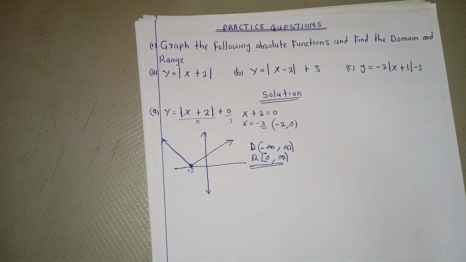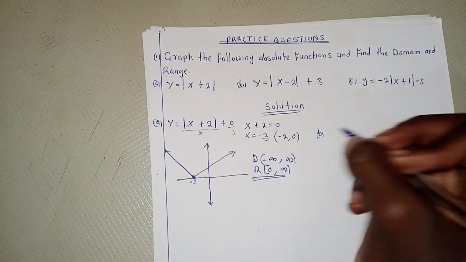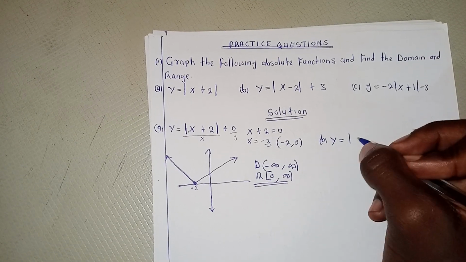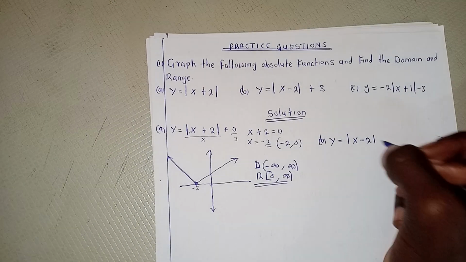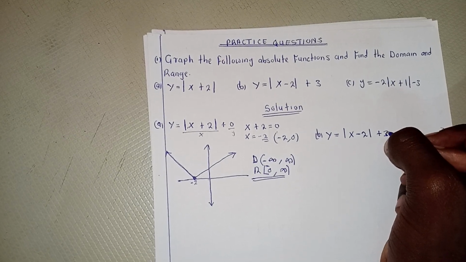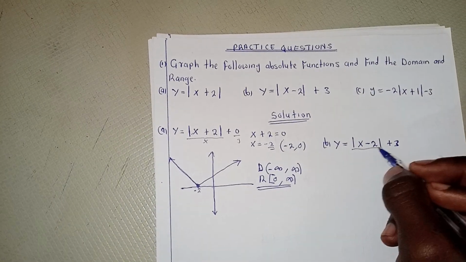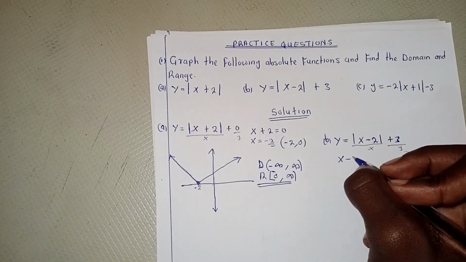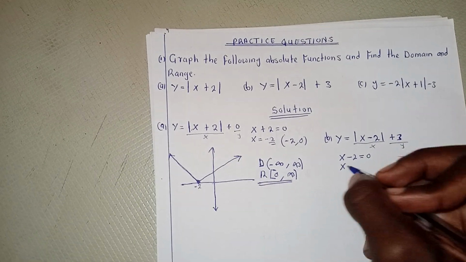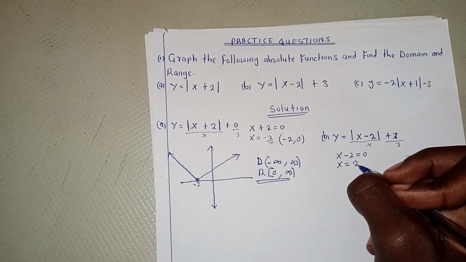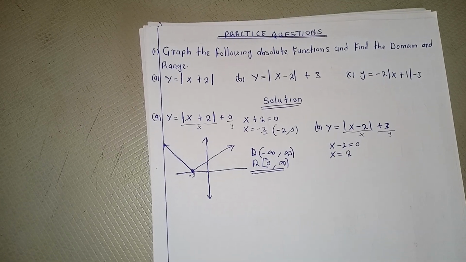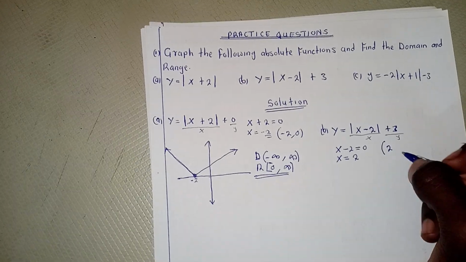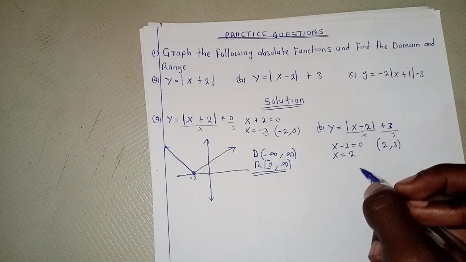It's quite simple. Let's get to B. B is simply saying some function of y equal to the absolute value of x minus 2 plus 3. So we know that this is representing some x, this some y. We can work out this. So we say x minus 2 equal to 0. X is going to equal positive 2. Then, since this is representing y, we have a 2 comma 3 point.